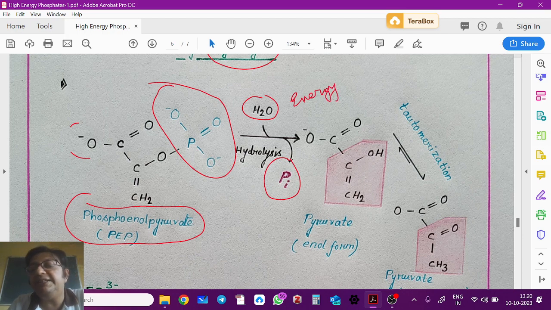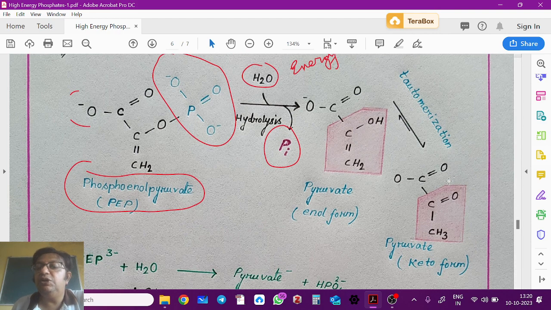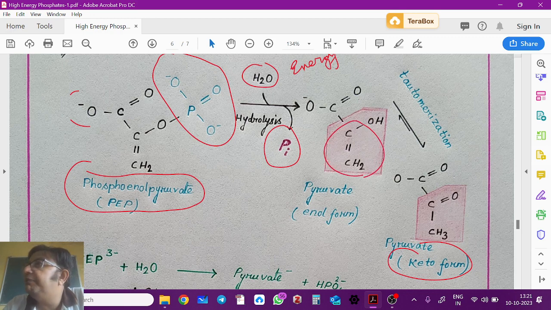Then tautomerization takes place from the enol form to the keto form. Phosphoenol, so C, CH2, this is the enol form. C double bond CH2, enol form. And then you go to the keto form, COCH3.